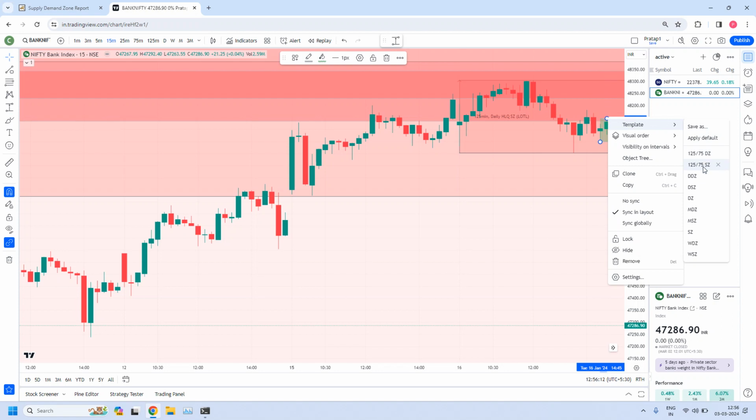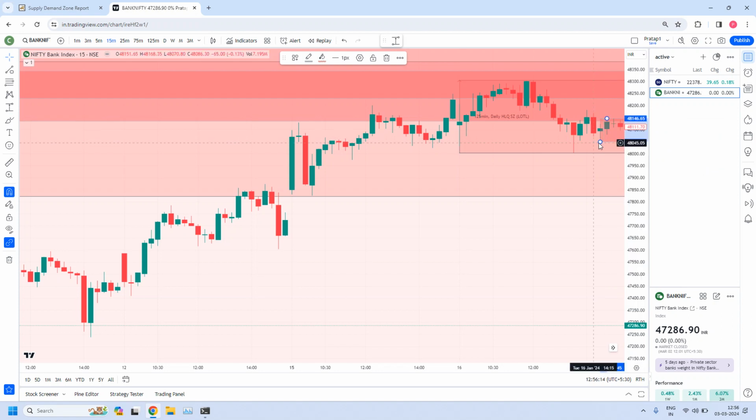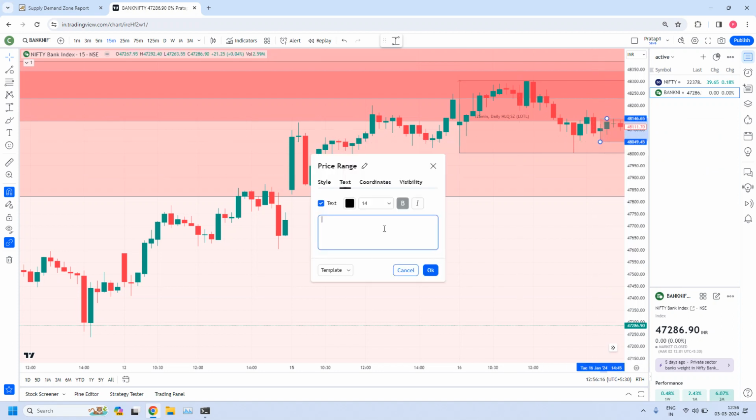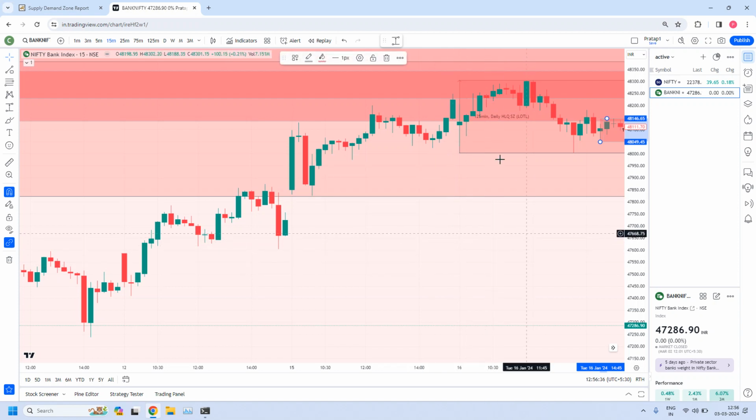This is a 15-minute supply zone. This is not a 15-minute supply zone. This is a 15 minutes high liquidity supply zone, HLQ supply zone. Okay, this is the one.